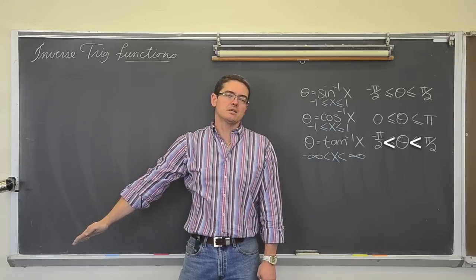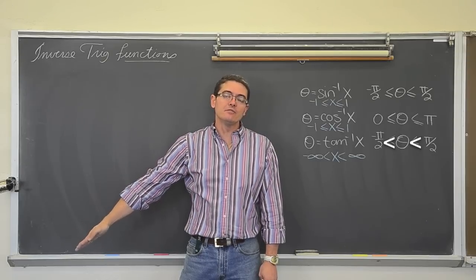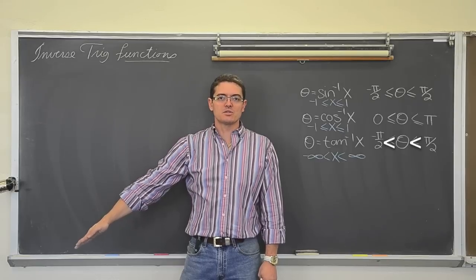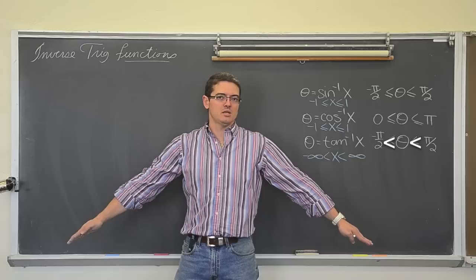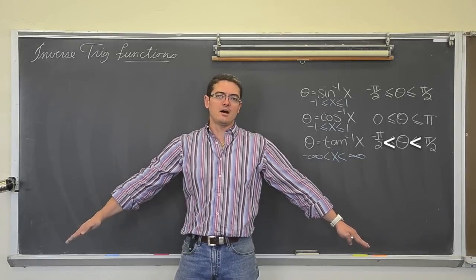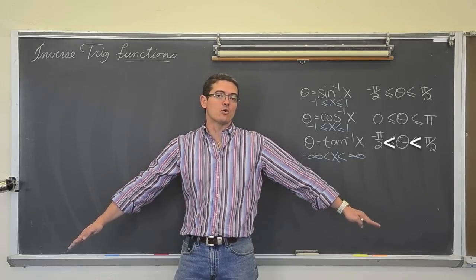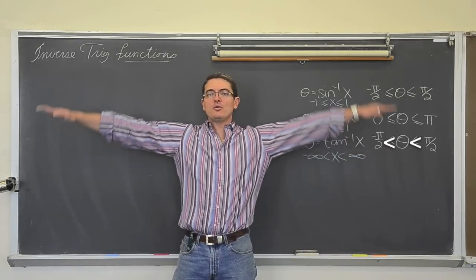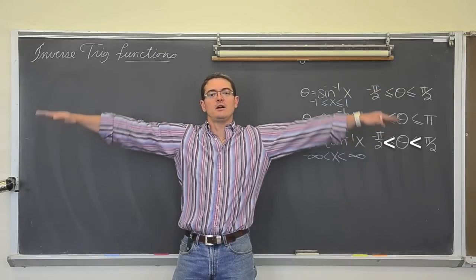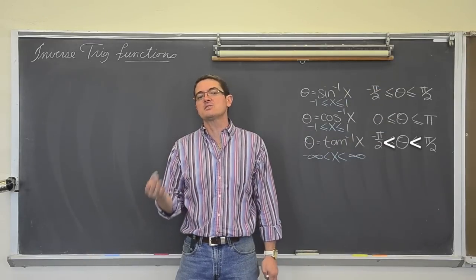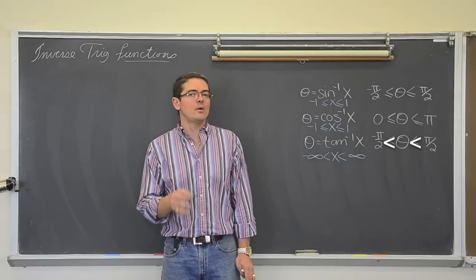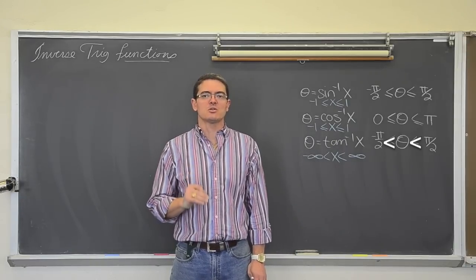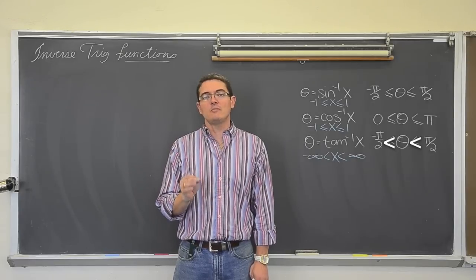If you ask the calculator to do the inverse sine of negative square root of 2 over 2, it's going to tell you it's negative 45 degrees. Now, what does 225 have in common with negative 45 degrees? They're both 45 degrees off of the x-axis. They both have the same reference angle. So your calculator may very well give you a usable angle measure, but not necessarily the one that you may be looking for.